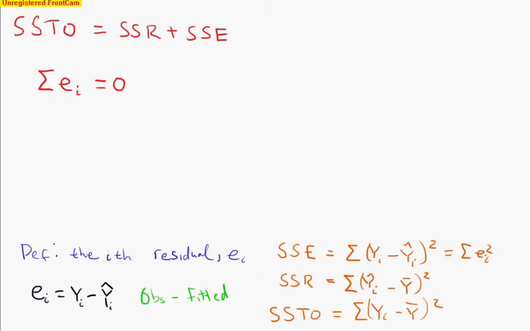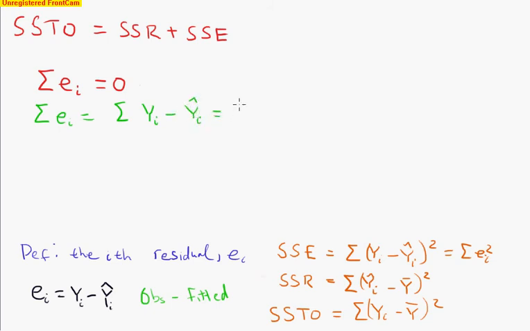But for now, let's try to show that the sum of e_i is equal to 0. How do we show this? The sum of e_i is equal to the sum, just using the definition, of y_i minus y_i hat.